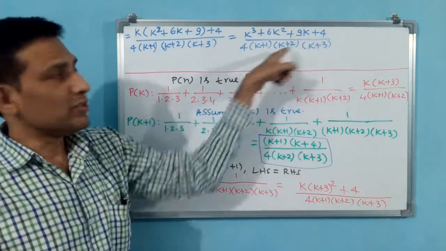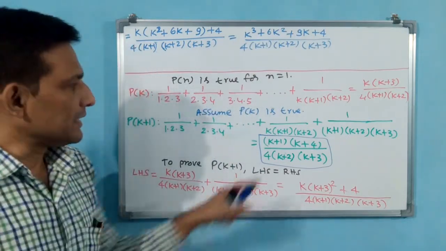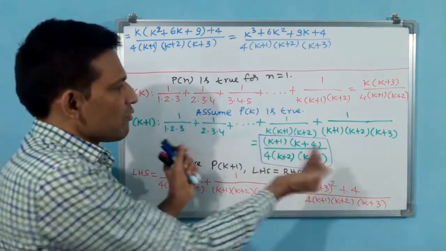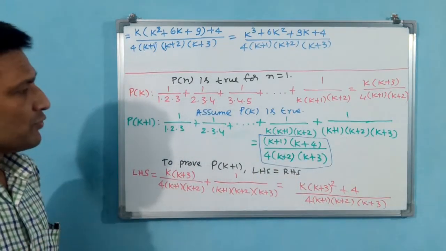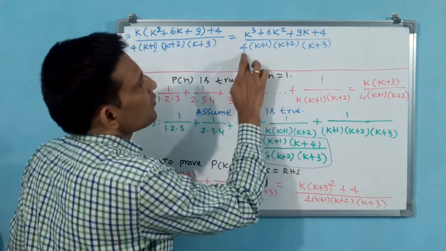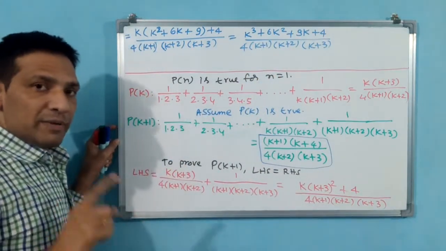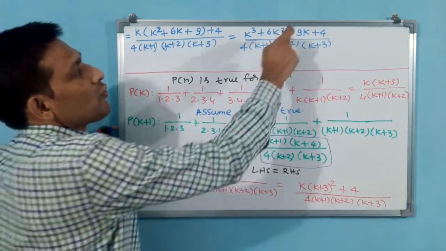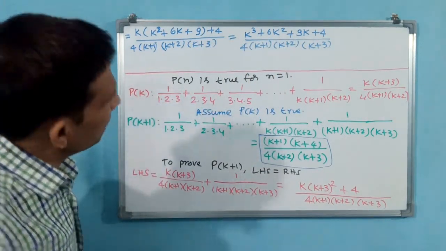K plus 1 into something, then k plus 1 is going to get cancelled. Afterwards, further you have to think by seeing this. Further, you cannot modify k plus 1 to k plus 4, that option you don't have. Why? Because if you see, 4, k plus 2, k plus 3 matched, you have to remove this k plus 1. For removing k plus 1, you have to divide this numerator with k plus 1. That is the only option. Okay? Let us do.